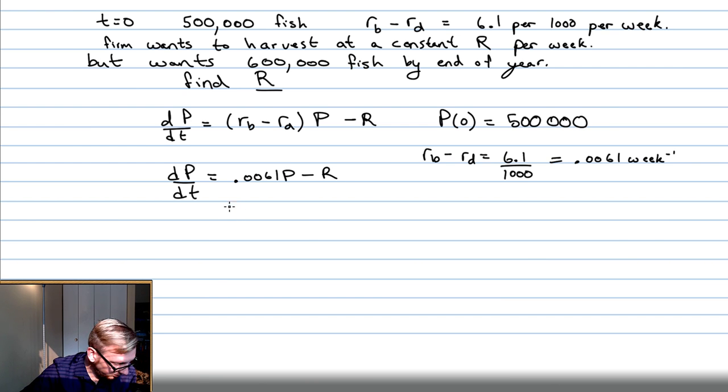We know our solution's going to be, we want a harvest rate R such that P of 52, because there's 52 weeks in a year, is 600,000.